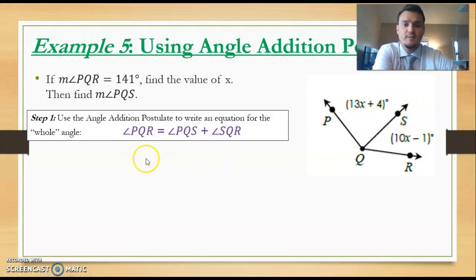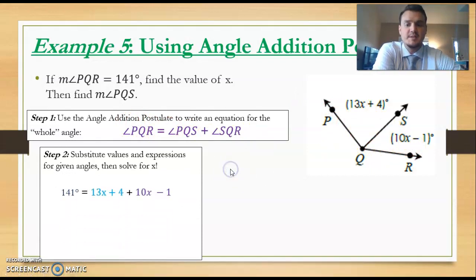So PQR is the whole angle. We can basically set up something to represent PQR. We know that angle PQR should be equal to these smaller angles added together, so PQS plus SQR. And each of these angles is represented by these expressions right here. So after we have our equation written down for our angle addition postulate, then we can substitute.